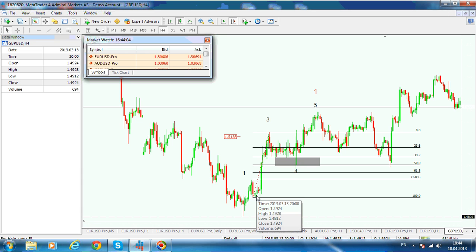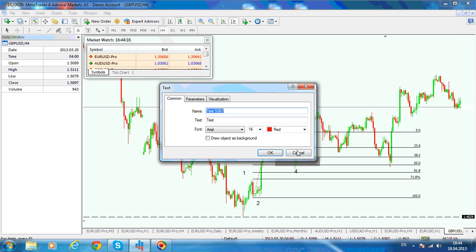on a lower degree. For example, in here, this 5th wave to the upside resembles an ending diagonal. So what you should do, you should take a text from here and just say that this is a 1, like this, and make it of a lower degree.